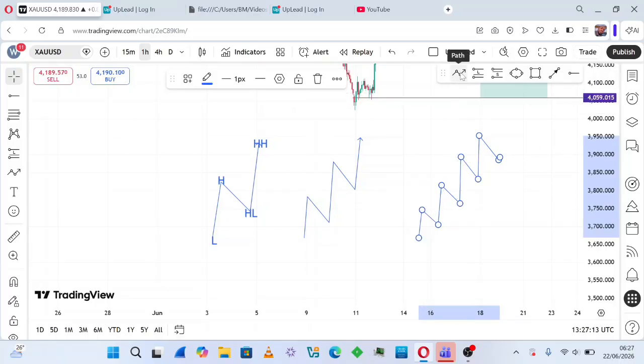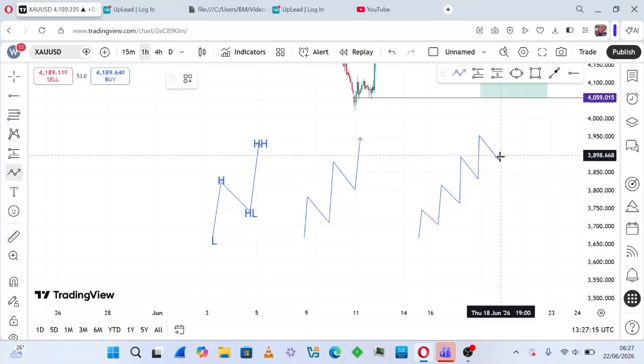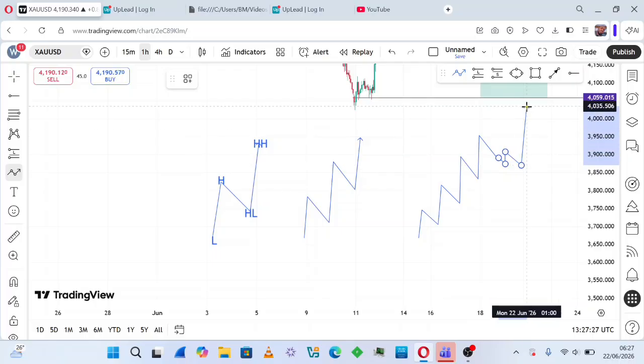So what I will wait for now, I have seen that it's a sell. I'll be waiting for price to stop selling and start buying.